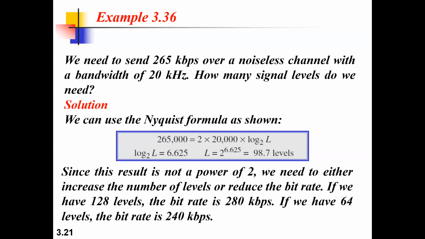If we have exactly 128 levels, then the answer should be 280 kilobits per second. If we go down and use 64 levels, then the answer will be 240.